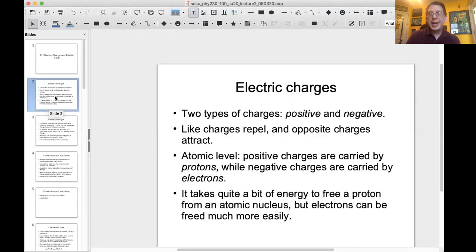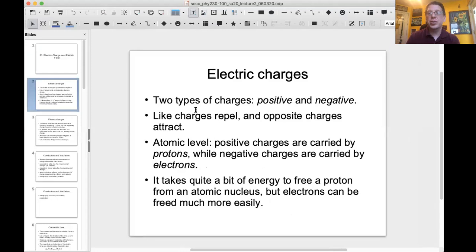So what exactly are electric charges? This goes back to Benjamin Franklin in the 1700s, and he was one of our country's founding fathers, but he was also our first significant scientist. He studied the nature of electricity. Some of the things he discovered were that there were two types of charges, positive charges and negative charges.